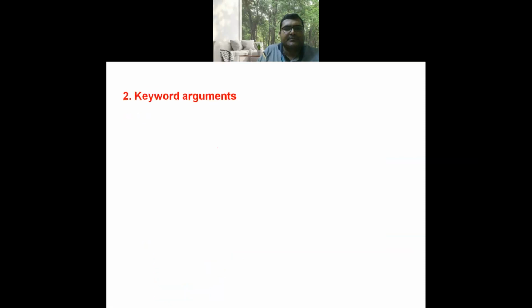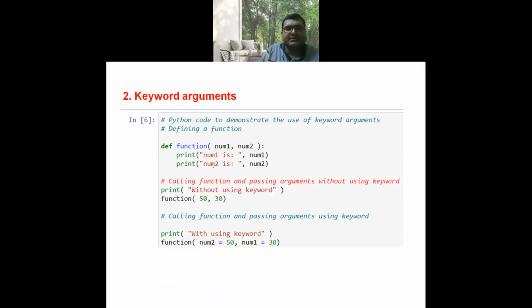The next is keyword arguments. In keyword arguments, we define the function with two variables, and while calling the function, we mention its key and its value. Here we are defining the function with two variables, num1 and num2.